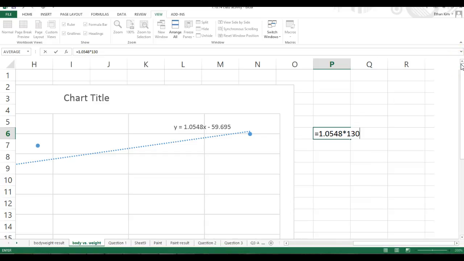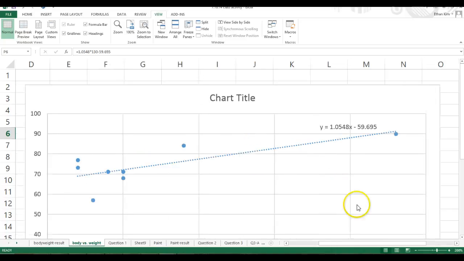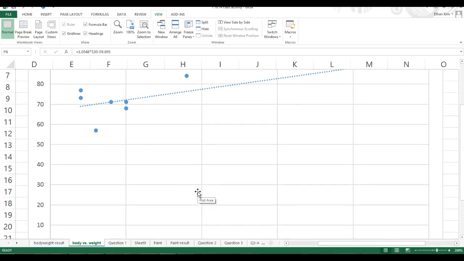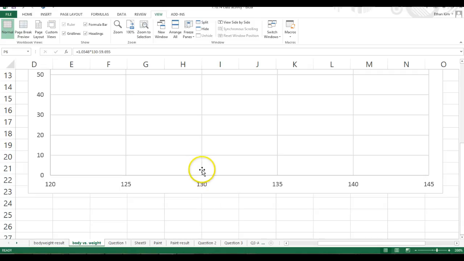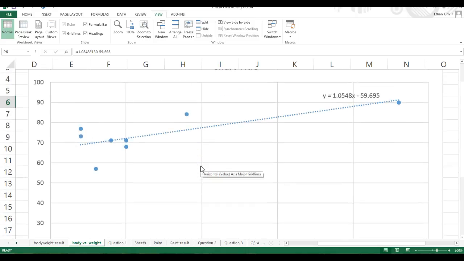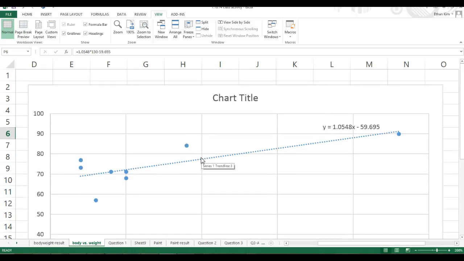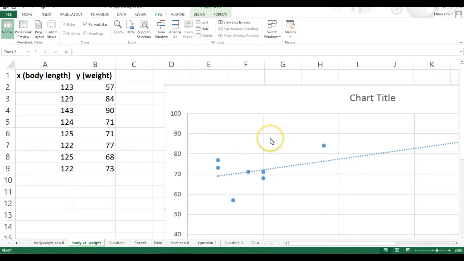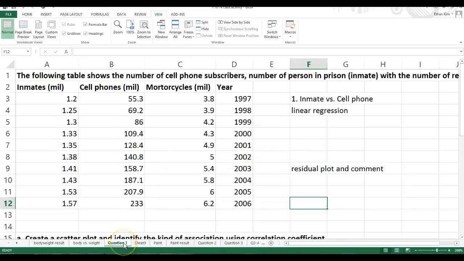Minus 59.695. So I'm using this equation right here to make a prediction for 130. And this is the value that I was given, 77.43, right? So if you go back, 130 is this line, right? If you go up, this is the value that it's predicting, 77.43, right?